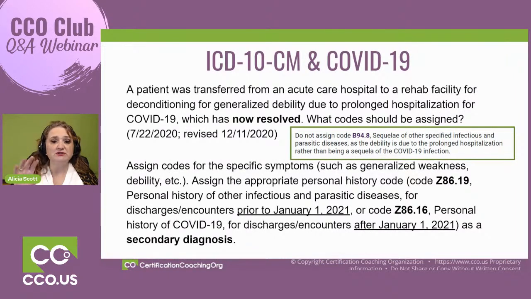So this particular scenario was you had a patient that's transferred from acute hospital care and they send them out to rehab, and they had a long hospitalization because of COVID, and it's all resolved. They don't have COVID anymore, right? Then what are we going to do? Now here, remember I said you're going to have two different dates. 7/22/2020 versus 12/11/2020.